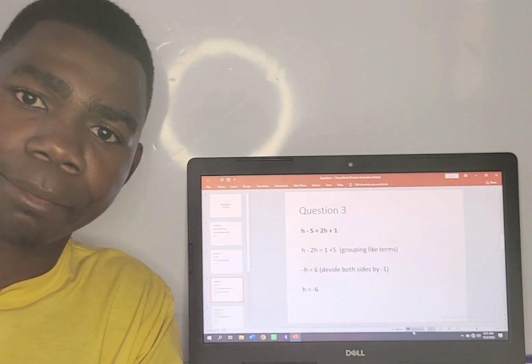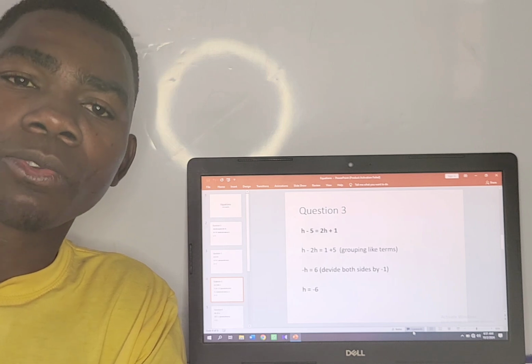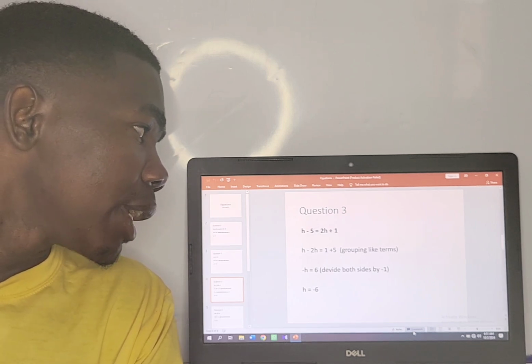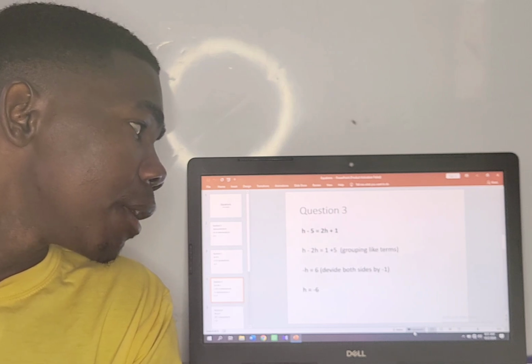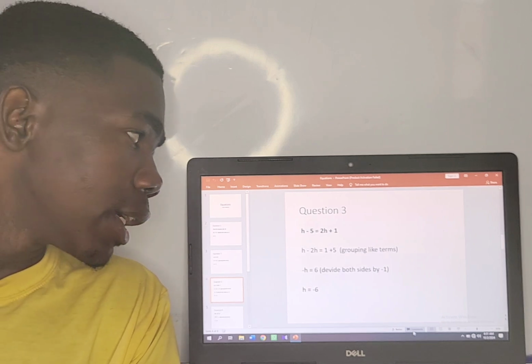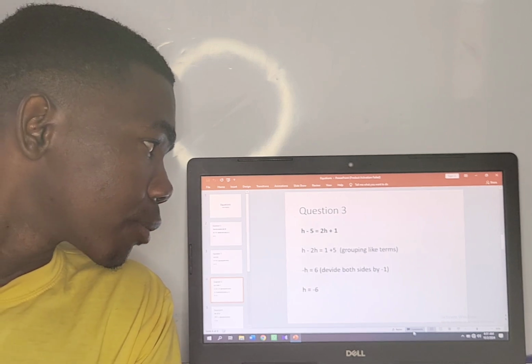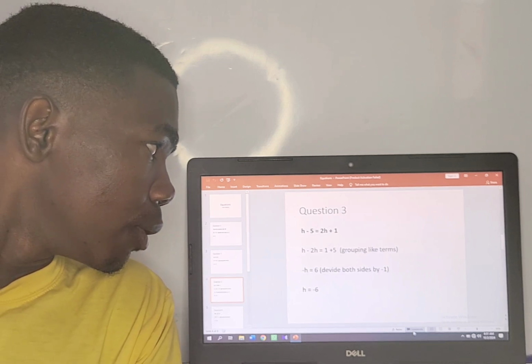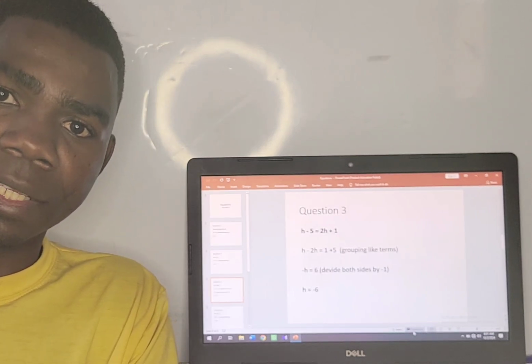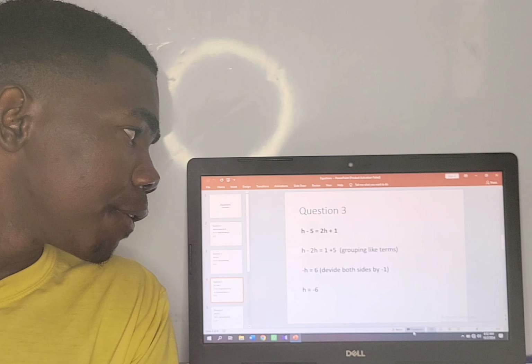Considering example number 3, we are given: h minus 5h equals 2h plus 1. And as we see, we have values with h on both sides.